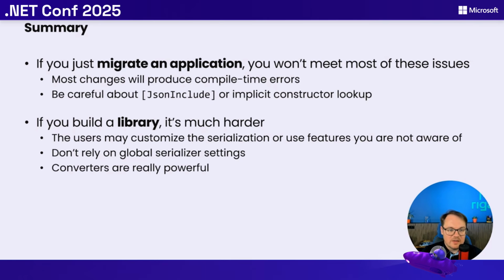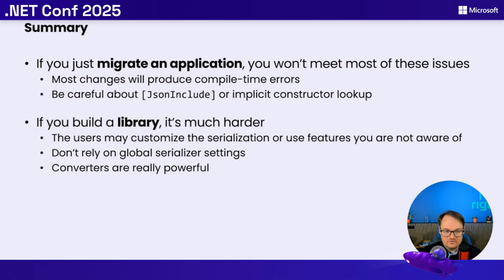If you are building a library, it's a little bit more complicated story, because you may still want to support .NET Framework. And the good news is that System.Text.Json runs also on .NET Framework, even though it's not as fast as on the new .NET. But typically when you are serializing something in a library, you have a much wider area of features in this serialization that you expect your users are touching.